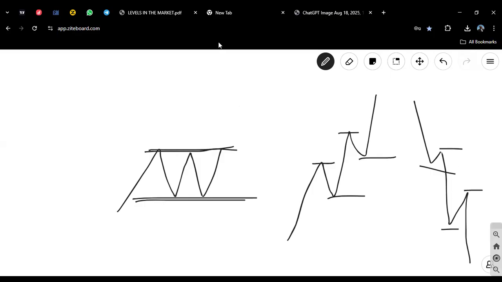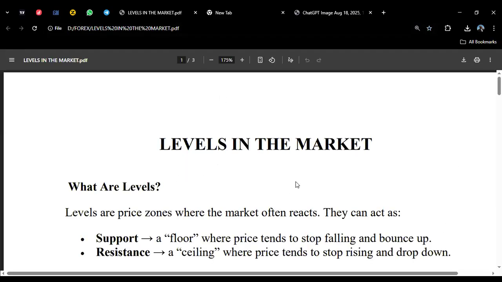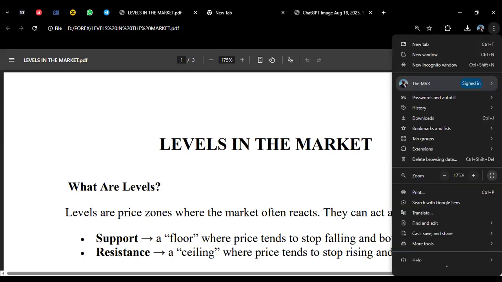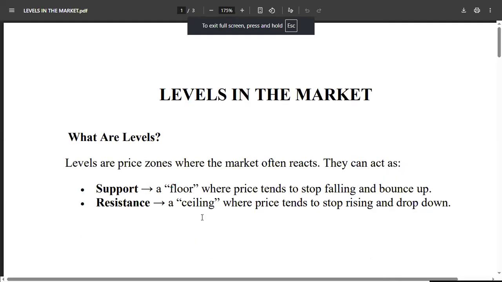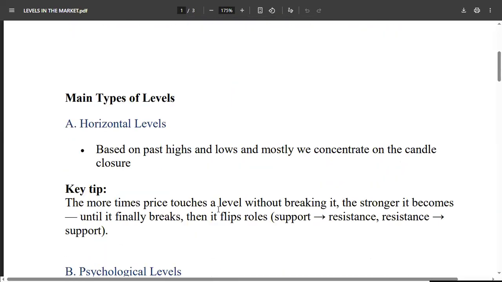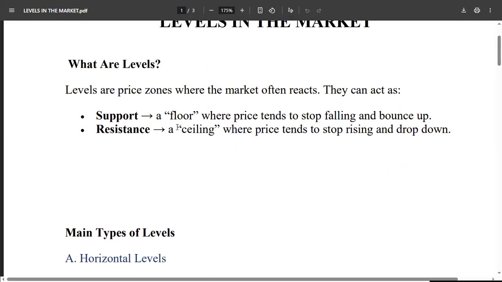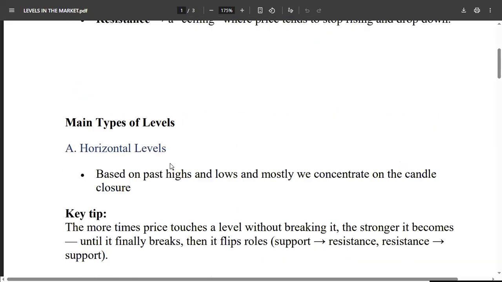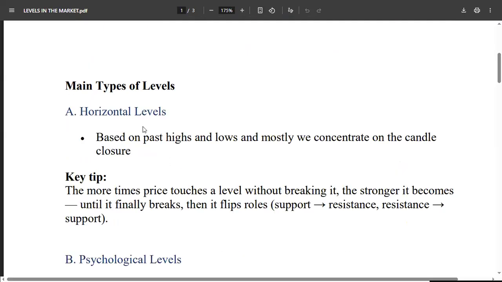Okay, now those are the two main levels in the market. Inside these two levels, we have types of levels.